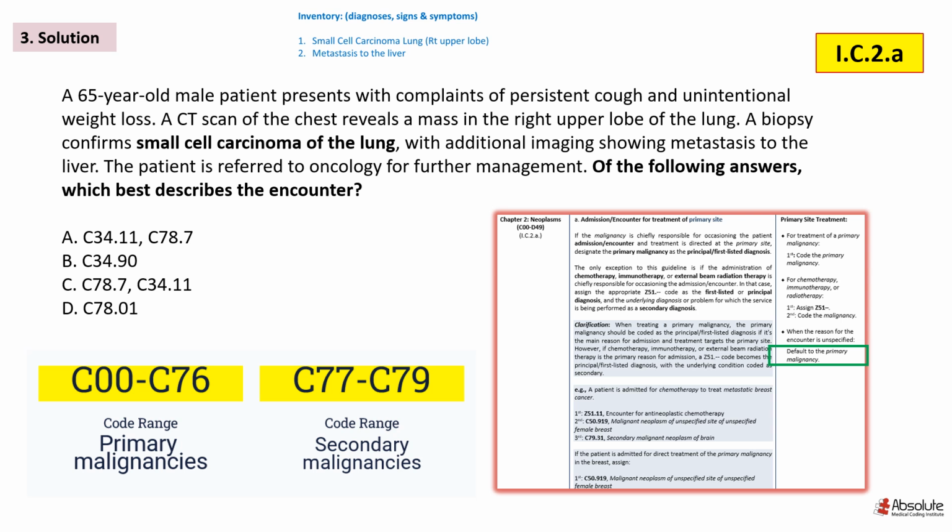So, which on site is sequencing the primary lung cancer over the secondary or metastasis liver cancer? If you said A, outstanding. Hopefully, you use this and you understand that this is important.